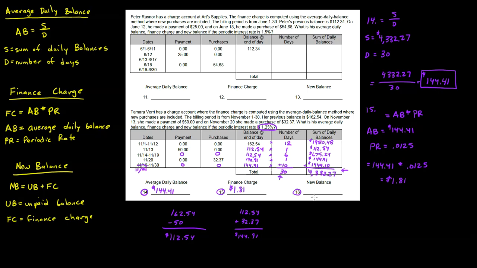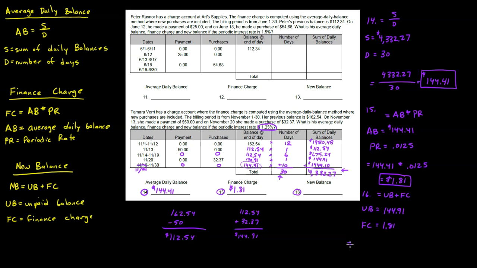So now I need my new balance. So for 16, my new balance is the unpaid balance plus the finance charge. So what was the unpaid balance? What did I owe at the end of the month? At the end of the month, I owed $144.91. That's my unpaid balance. My finance charge is the amount of interest for the month, which I just found was $1.81.